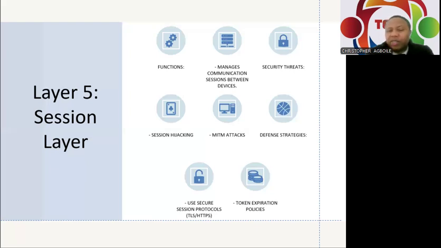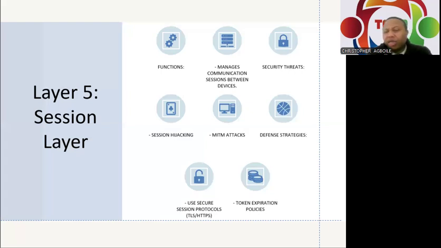Then in this level 5 section, you have what we call the man in the middle attack. This attack intercepts and manipulates communication between two parties, preventing them from communicating directly with each other.